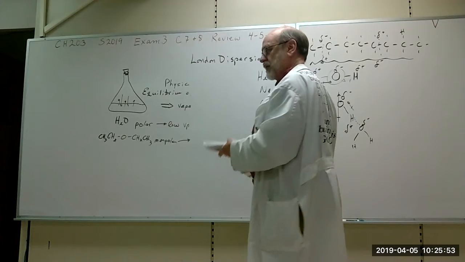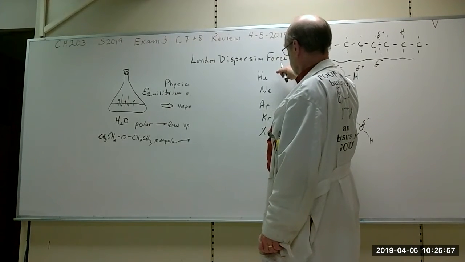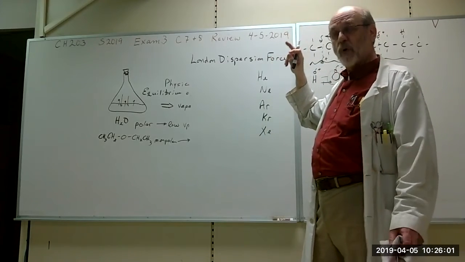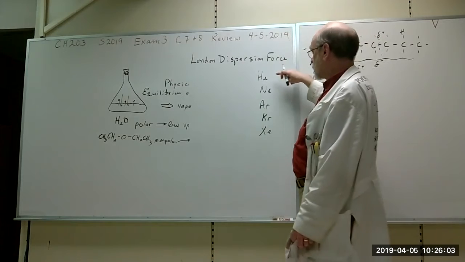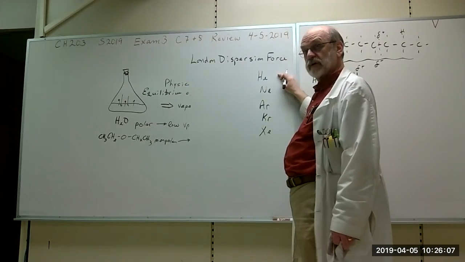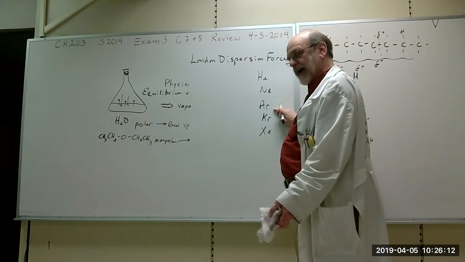We'll leave radon off of there because it's radioactive. The boiling point is lowest for this one. In other words, you got to get it really cold to make it liquid. You don't have to get this one quite as cold. You don't have to get that one quite as cold.